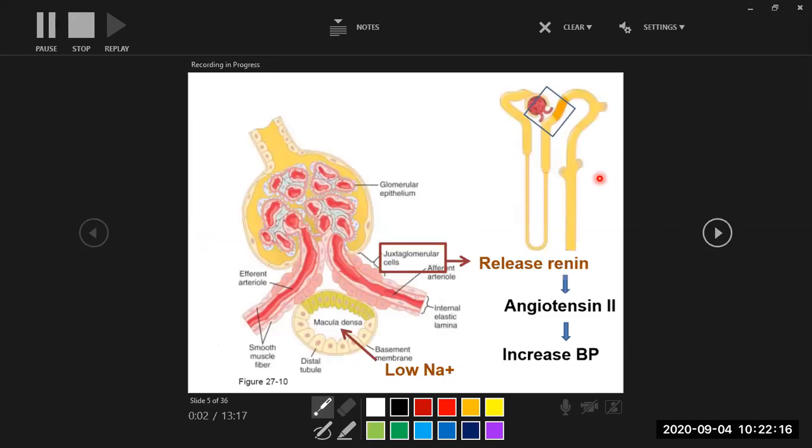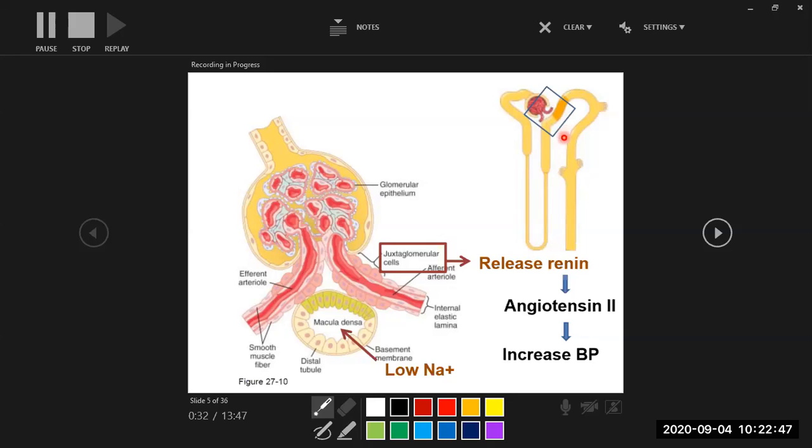So let's take another look at this process. So basically, this is what we were talking about. The nephron: we have the renal corpuscle, the proximal convoluted tubule, loop of Henle, and then it comes back here. This portion is the distal, but in the very beginning of the distal, we have these cells.